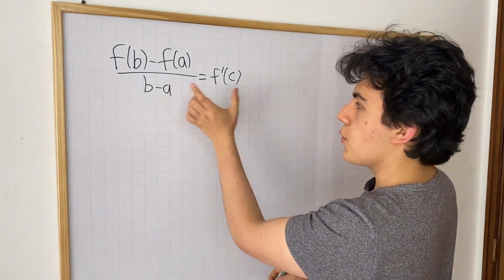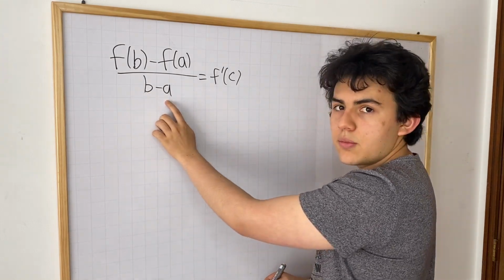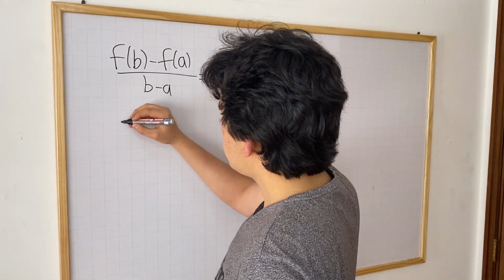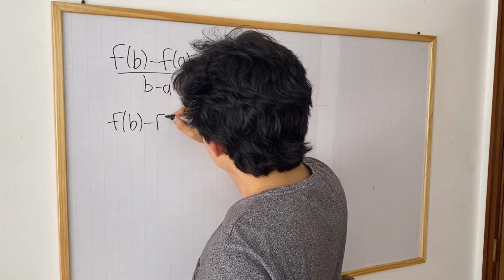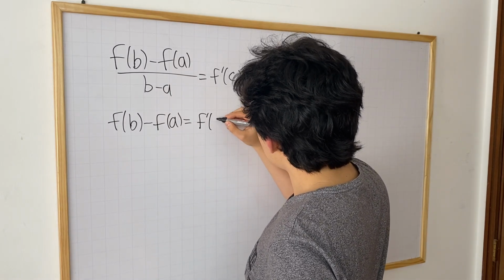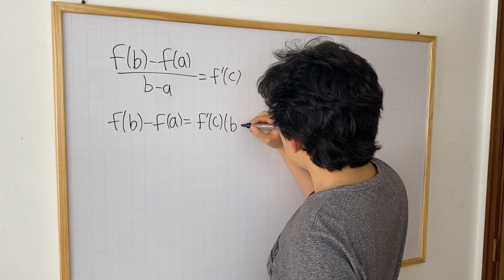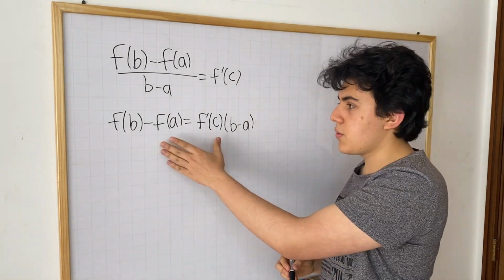Now, of course, you can rewrite this equation by multiplying both sides by b minus a, okay? So if you do that, you would get f of b minus f of a is going to be equal to f prime evaluated at c times b minus a, okay? So now this is another way in which you can write the mean value theorem.